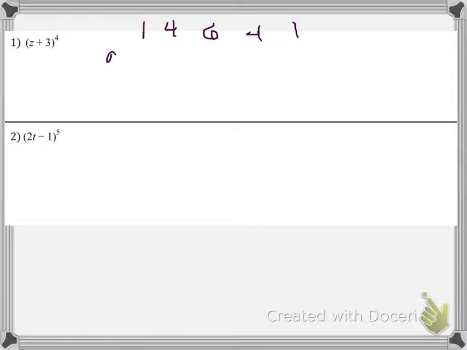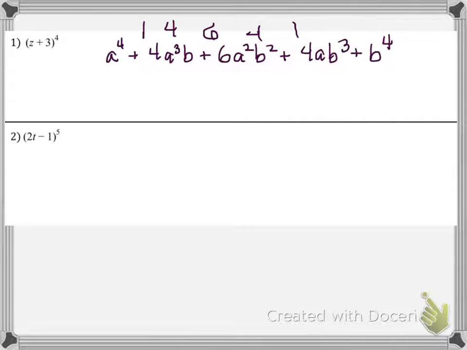So the pattern is a to the 4th plus 4a cubed b plus 6a squared b squared plus 4ab cubed plus b to the 4th. And looking at these again, the exponents should add up to 4. This is 3 plus 1, 2 plus 2, 1 plus 3, and 4.